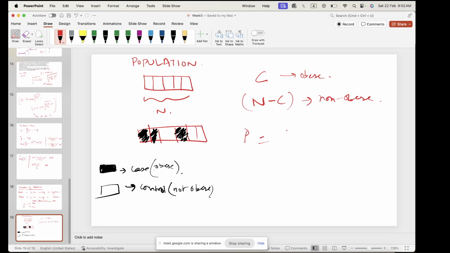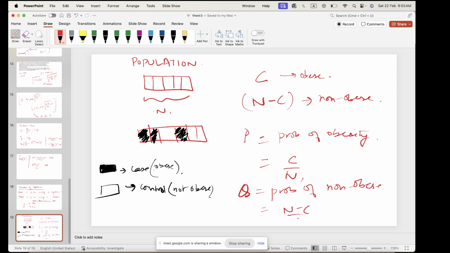So then P, capital P, probability of obesity as per the frequency definition would be capital C by N. And capital Q, if I say probability of non-obesity, is actually (N minus C) by capital N. And we'll see that capital P plus Q equals 1.